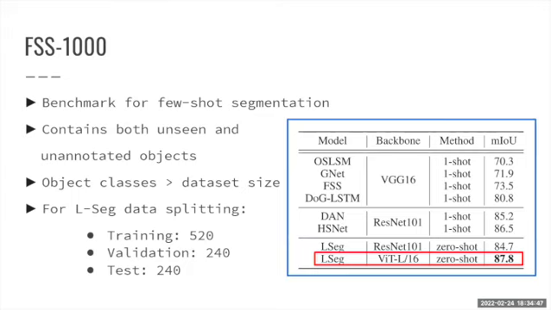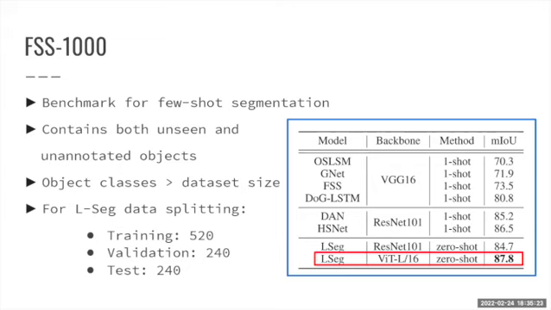Let's move on to the third benchmark, that is FSS 1000. It contains both unseen and annotated image objects. Here the main goal for FSS 1000 is that object classes are more emphasized as compared to the data size. So the 1000 classes are divided in such a way that training is of size 520 classes, validation is 240, and test size is also 240.